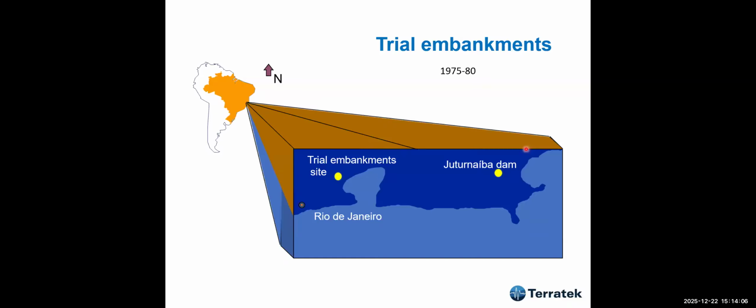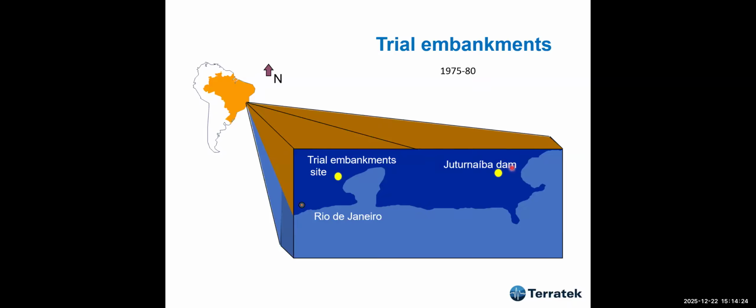Then in 1975 to 80, this was the research that I worked on as a young engineer for the trial embankments. And we did 3 trial embankments here. This is Rio de Janeiro, this is Guanabara Bay.